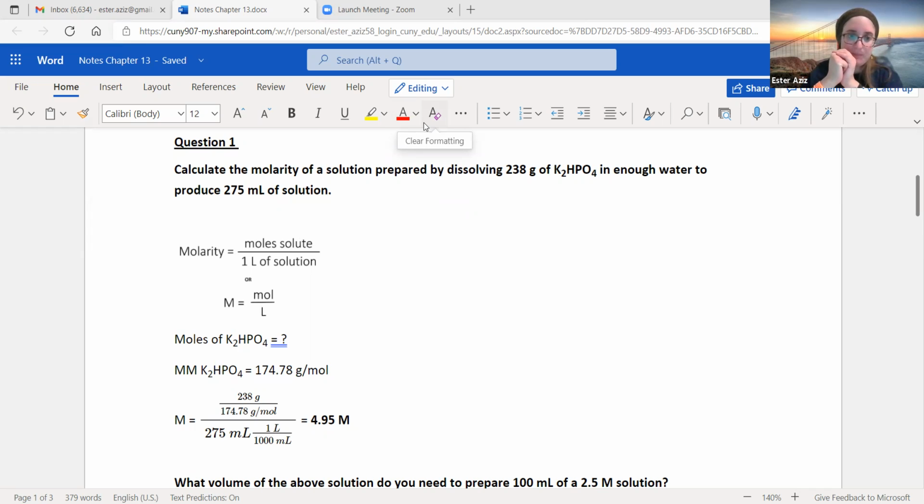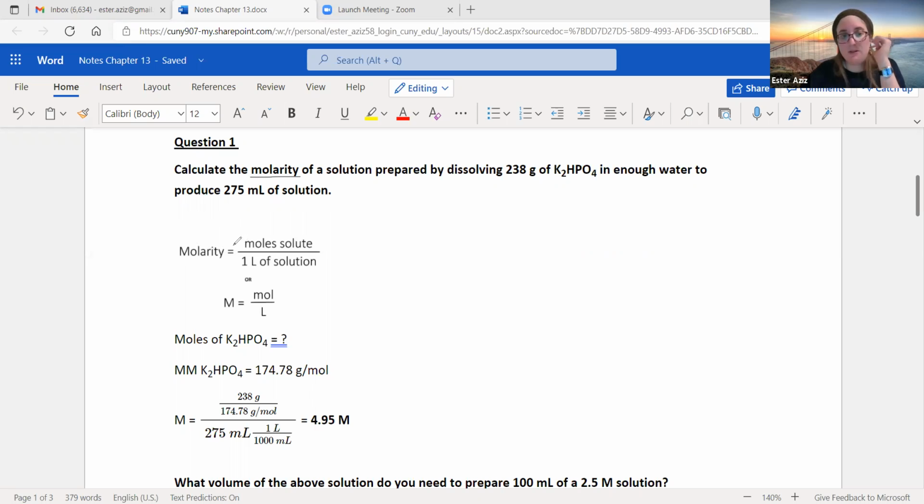Here, it's a simple question, we're asked to calculate the molarity. As we see, every time we have questions like this, we want to start by writing out the definition of the concentration term that we want to find.